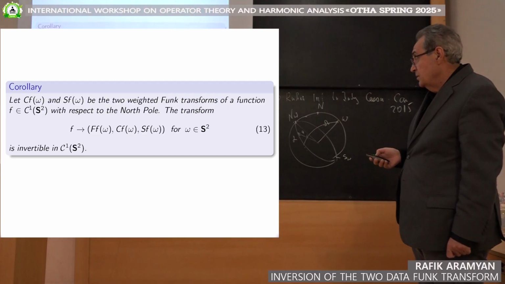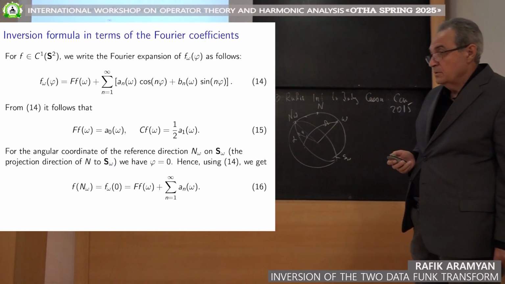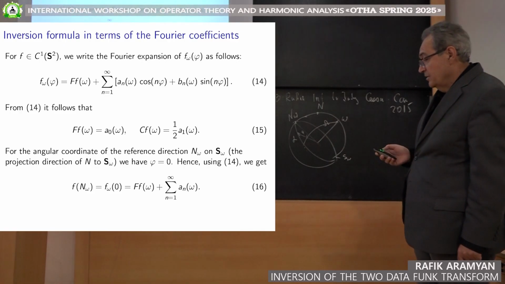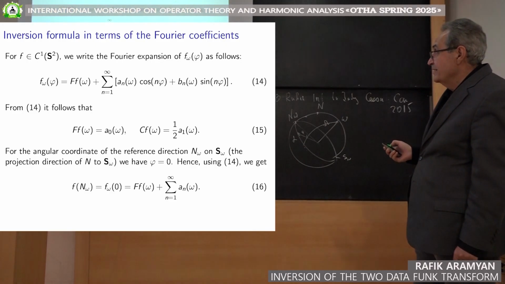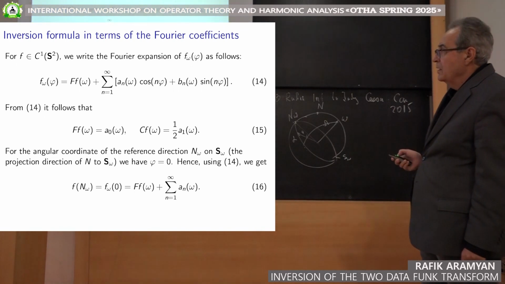Now let me speak about the approach. First of all, I would like to present the inversion formula in terms of the Fourier coefficient. So I consider the Fourier expansion of the restriction f omega phi in this way as follows.